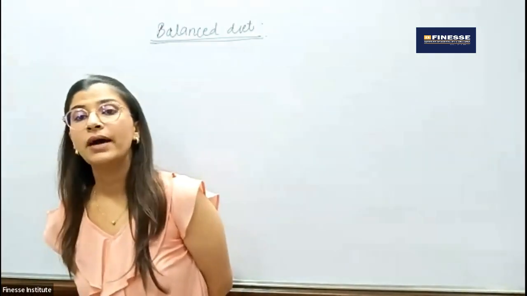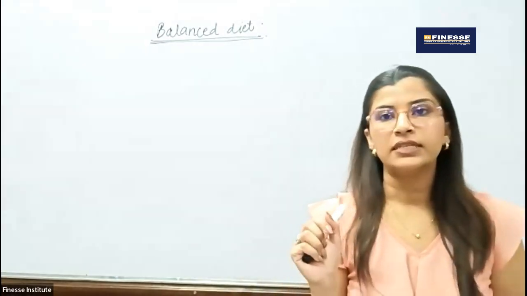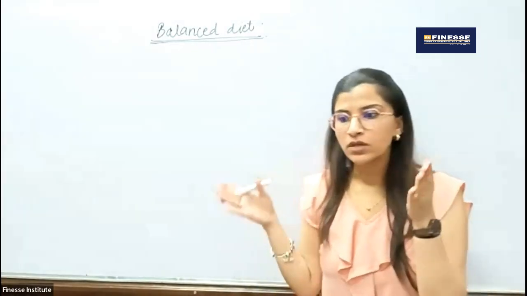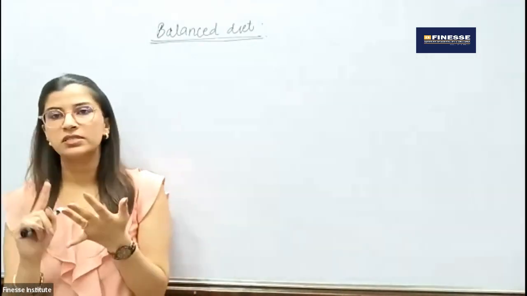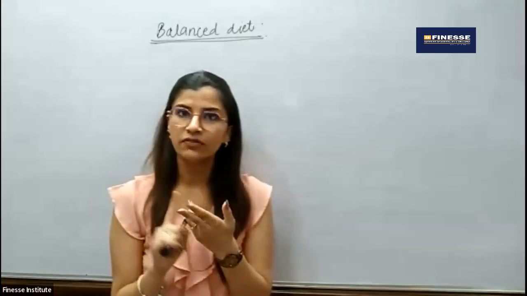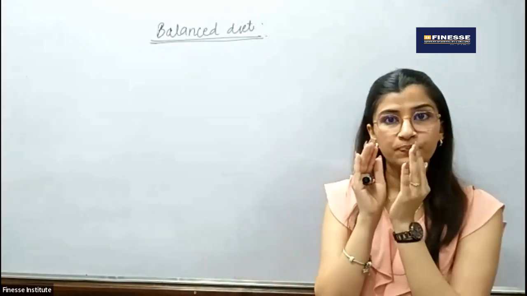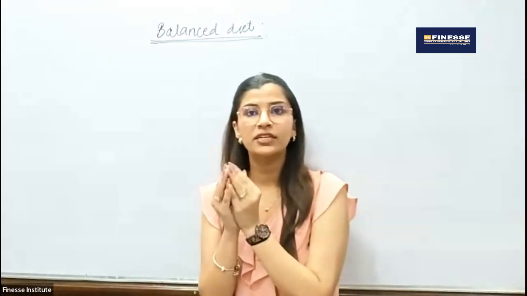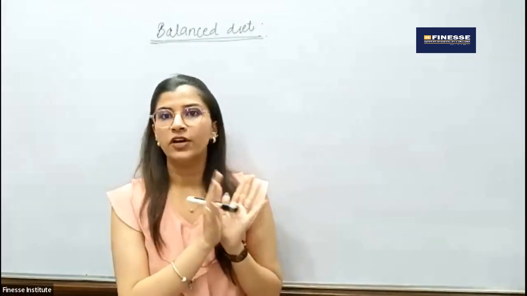Basically a balanced diet is the one that will provide all the essential nutrients. You will get all the essential nutrients, that is the carbohydrates, proteins, fats, vitamins, minerals, water, as well as the fiber content, but in right proportions. Each and every individual is required to have a significant amount of carbs, proteins, fats, vitamins, minerals, and fiber.